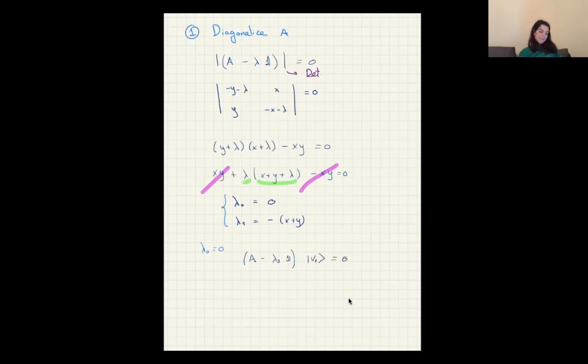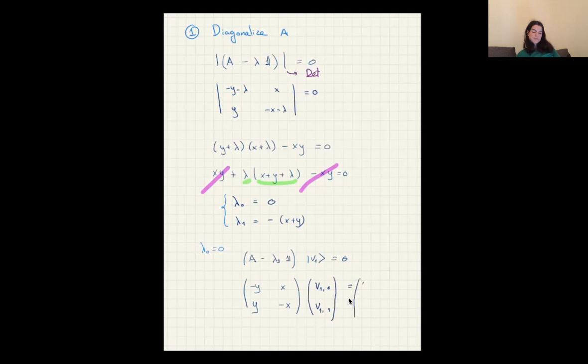Lambda_0 is 0, so we get just A, the matrix with minus y, x, y, minus x, times v_0, with its two components.